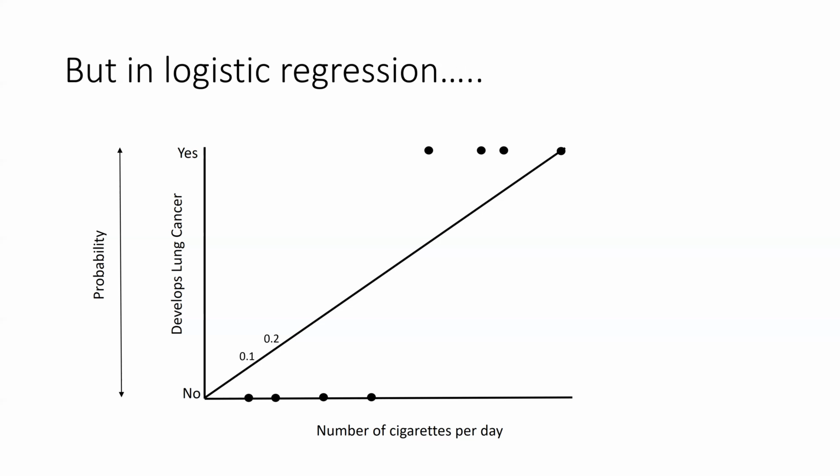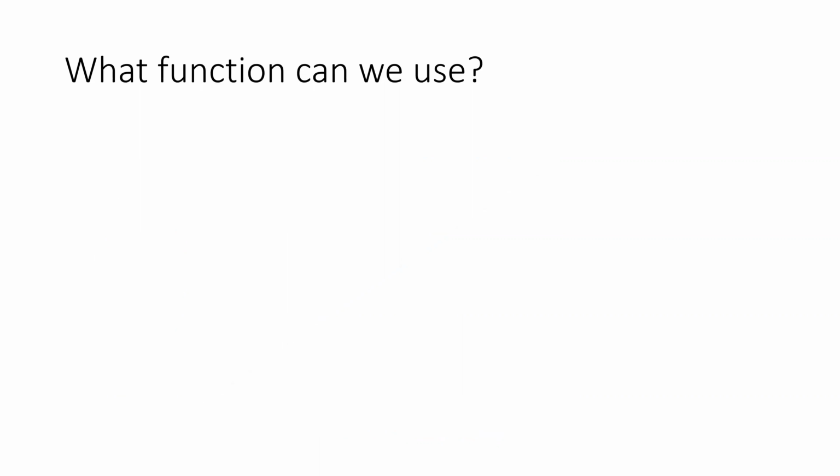So we have this inference that linear regression, plotting just a straight line here, wouldn't be a good way to map the number of cigarettes smoked per day to the probability of experiencing an event such as lung cancer. So the question is then, what function is the logistic regression going to use?